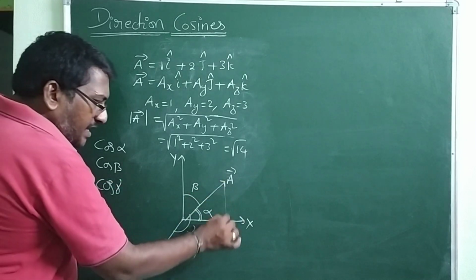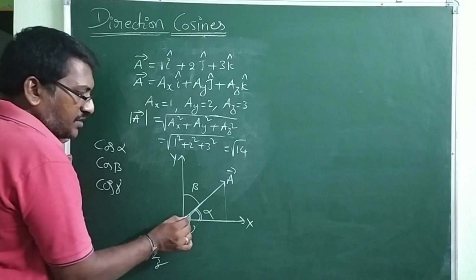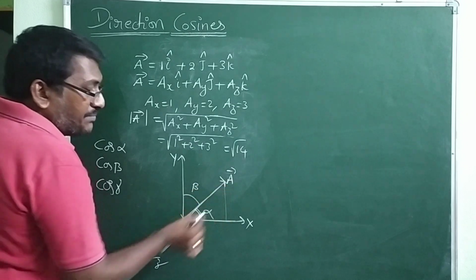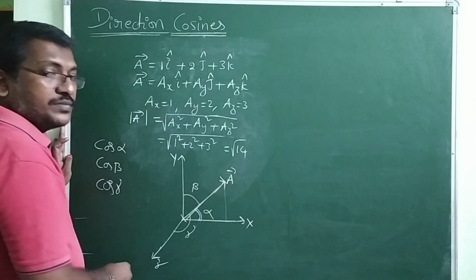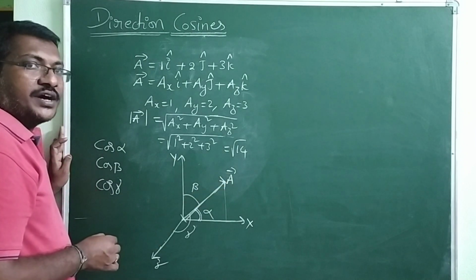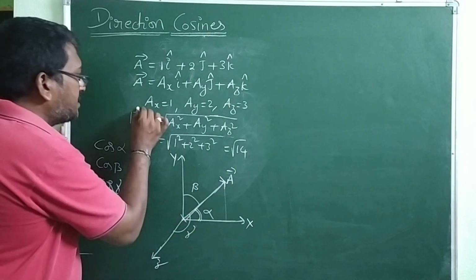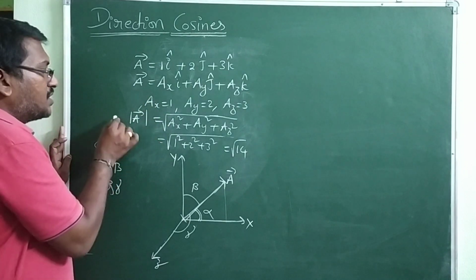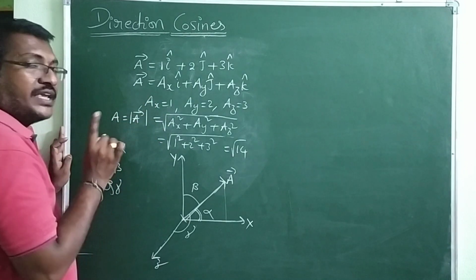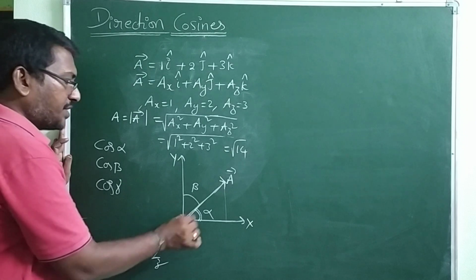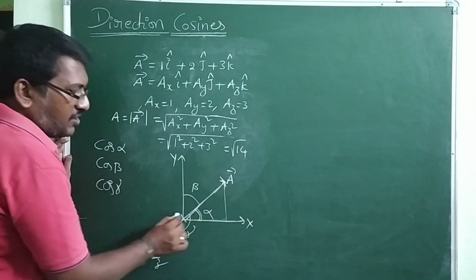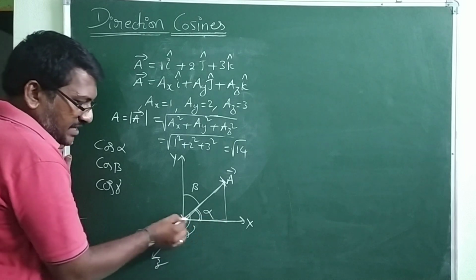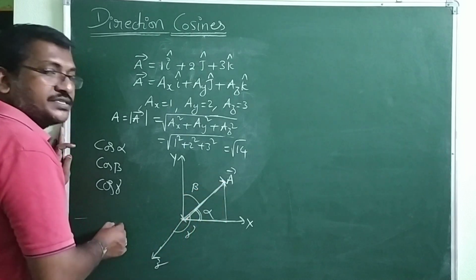So from this triangle, this is the A bar. That means from here to here, that gives the magnitude. Length of the arrow is the magnitude of the vector. That's why from here to here, that is modulus of A bar. Modulus of A bar simply you can write here A. Okay, from here to here, that is magnitude of the vector. So from this triangle, cos alpha means adjacent by hypotenuse.